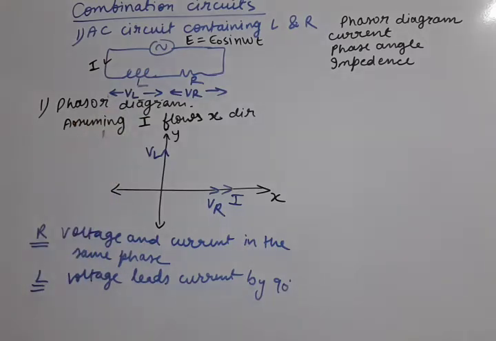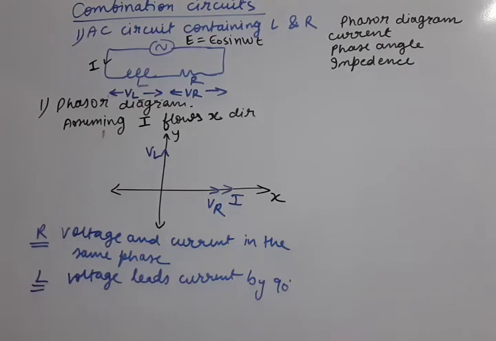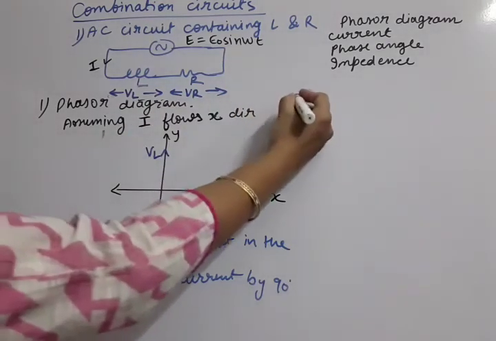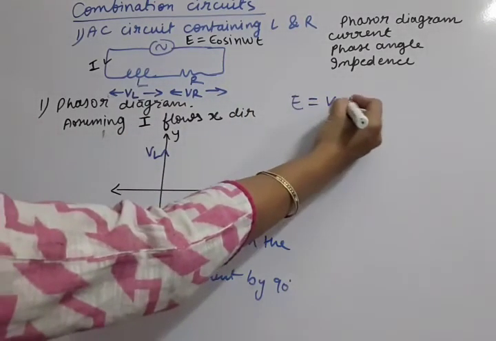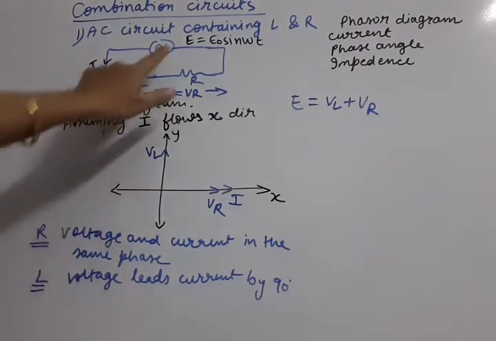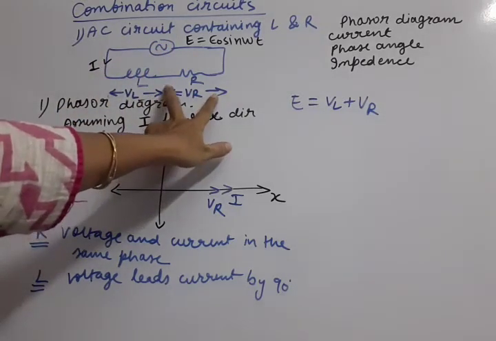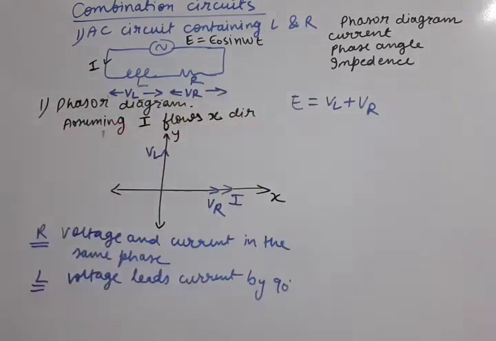But here VL and VR are not in the same direction, so we cannot simply write E equal to VL plus VR. We cannot write this scalarly, because VL and VR are in different directions.